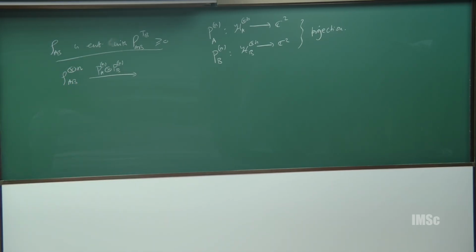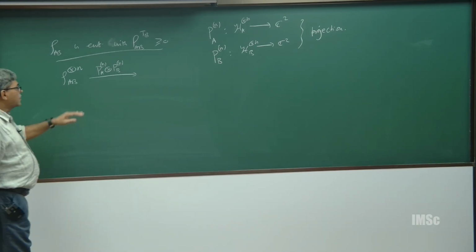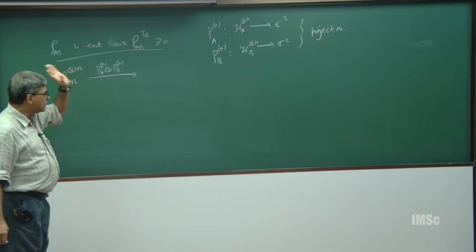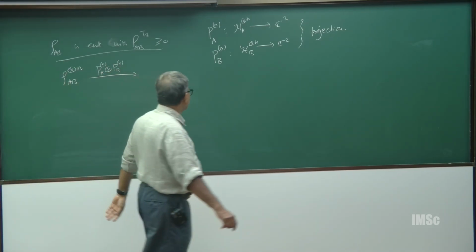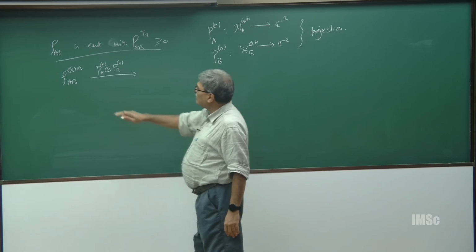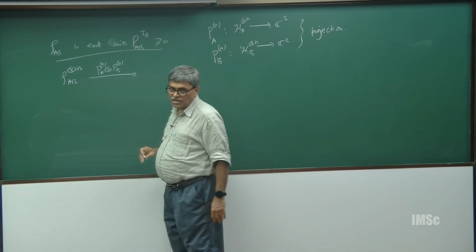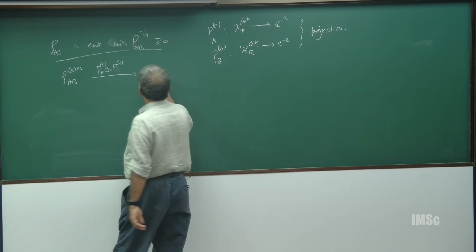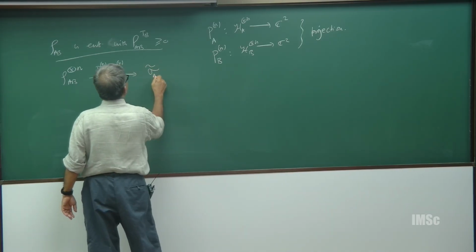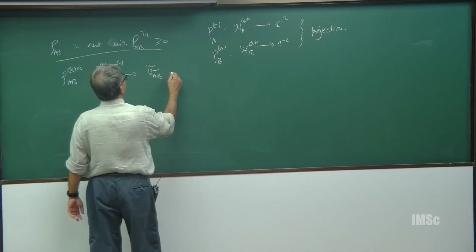this is also a LOCC. I mean, the CC part is not there, but that is okay. And of course, this is not trace preserving, but in principle we can consider that later. So what will happen if I do this projection? I will get some state, let us call it sigma tilde A B. What is this?